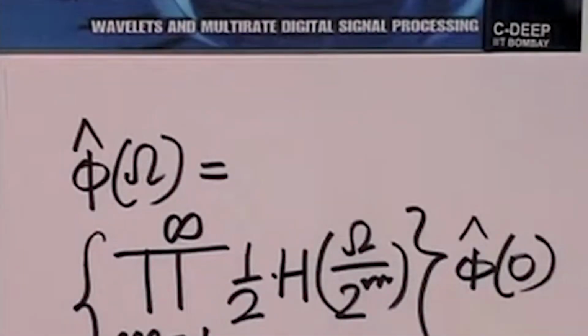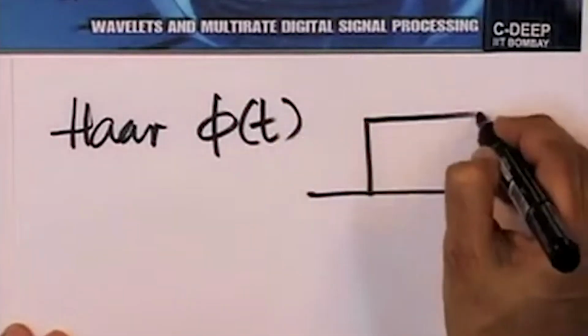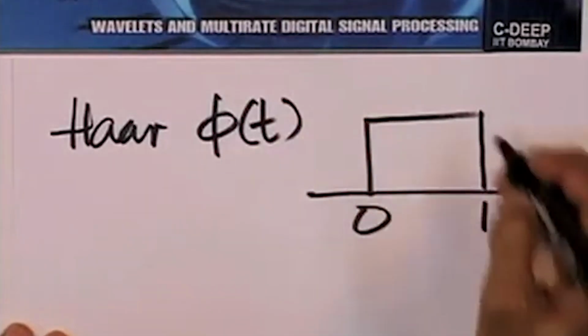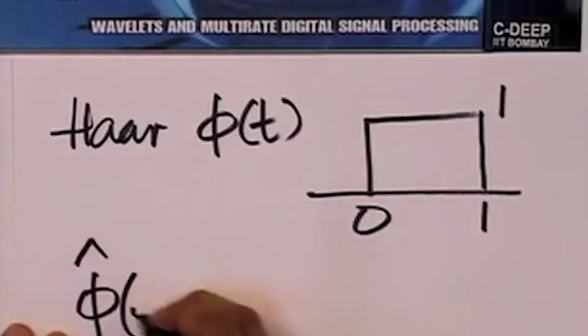Let us look at the Fourier transform of phi t in the Haar context. Essentially, it is this, and the Fourier transform is easy to calculate.